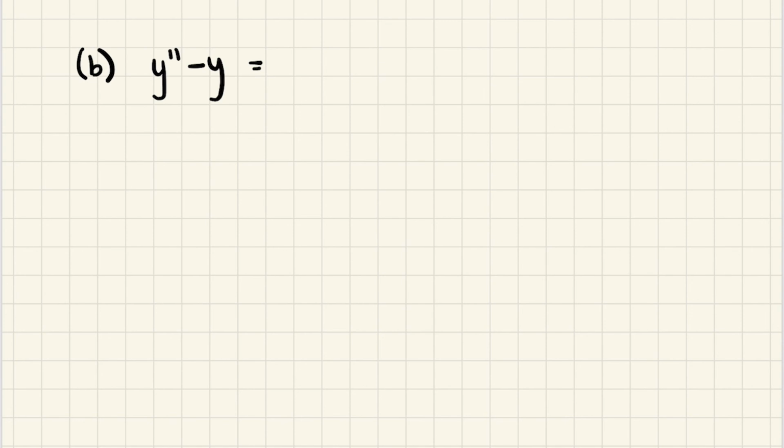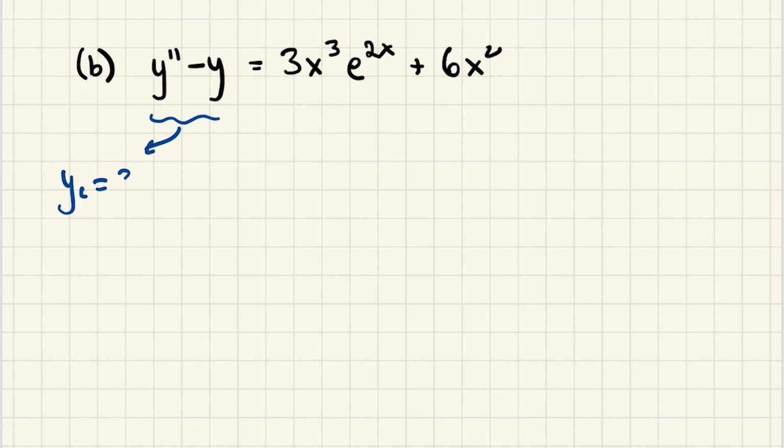All right, what if we had the same left-hand side, but this time our right-hand side were something like this? Well, again, we have the same complementary solution, so we should acknowledge that, and note that we're in no danger of repeating those terms because we don't have an e to the x or an e to the negative x in our right-hand side.